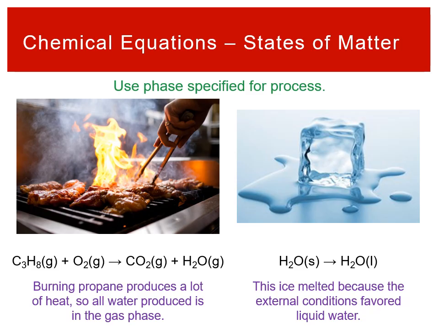We started with this burning of propane, and you may have noticed that we produced water as a gas. Under ambient conditions, water is a liquid. But here, water is a gas produced in this process because this is burning propane, which produces fire. So you're producing fire, and the water is hot. So the water is produced in the gas phase. So that's why it was a gas.